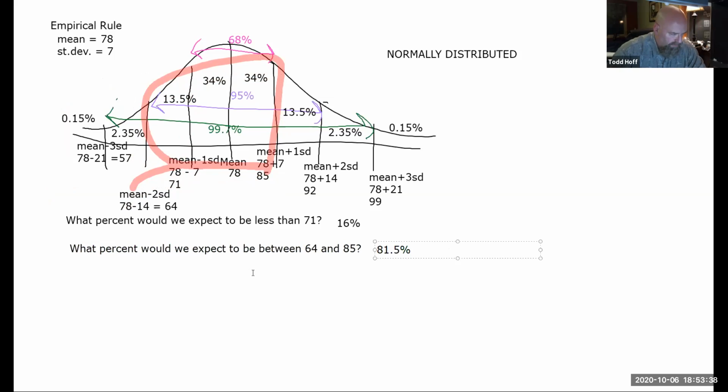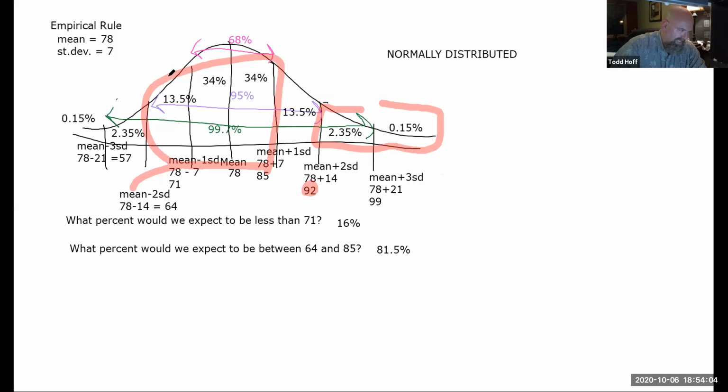That is between those two values. So we can use this empirical rule to do a lot of predicting. If we want to know what is the top 2.5%, well, this is 2.5%. If we add those together, so the top 2.5% would be those above 92. So we can use it backwards like that as well.